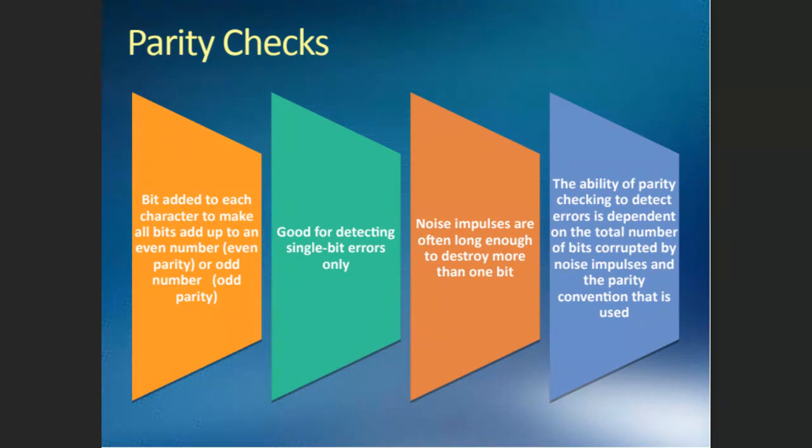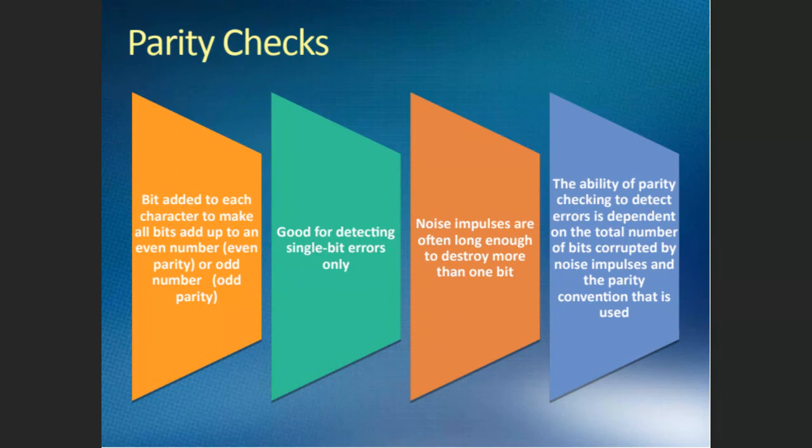Okay. Imagine I lost 2 bits. So it's still even, or it's still odd. But the receiver will not know. He will think that maybe you lost only 1 bit, or 1 bit is damaged. 10 bits could be damaged, and the receiver will think only 1 bit is damaged. So it's not really a very efficient way. Okay.